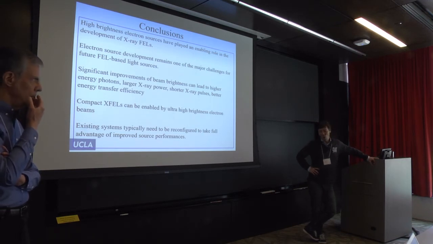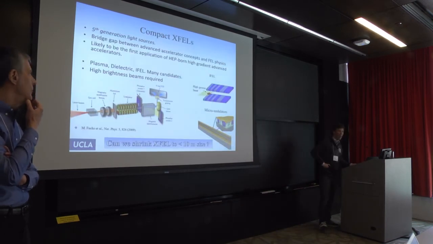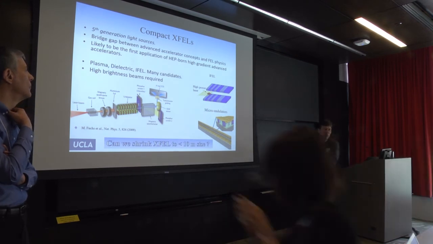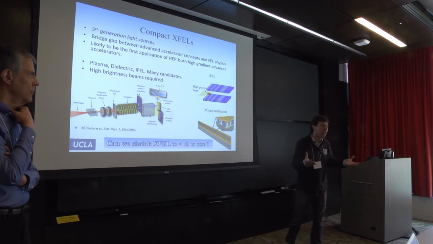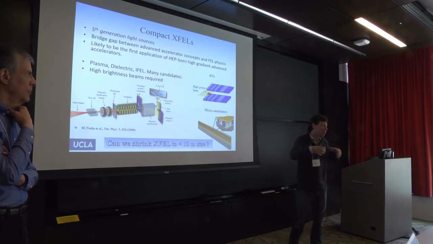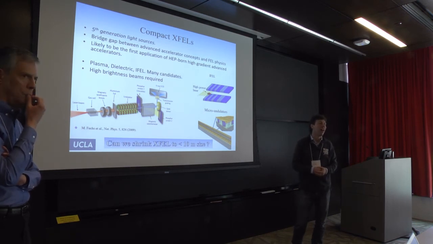Well, the idea is that there is a field of people trying to get this in place. And the goal is to fit it not only in space, but also economically. So put it on the order of 10 million or so.